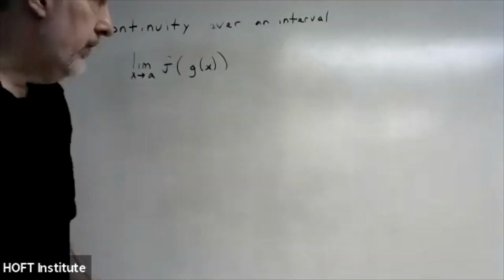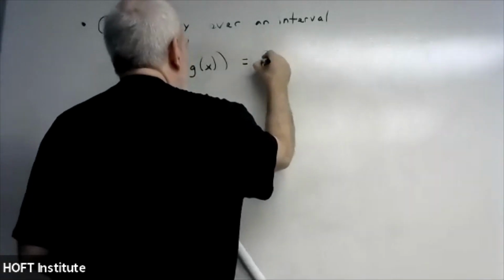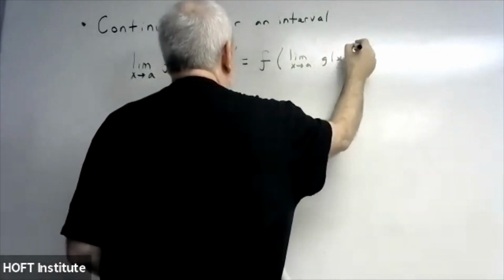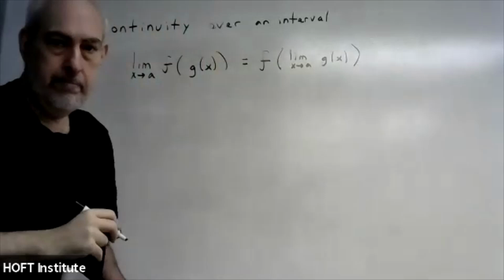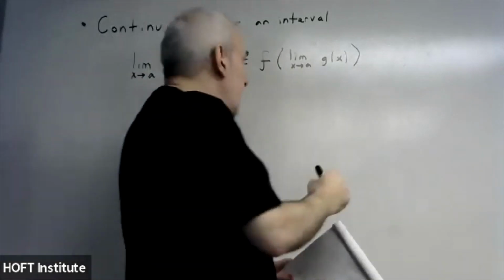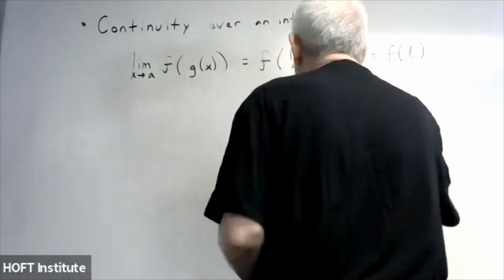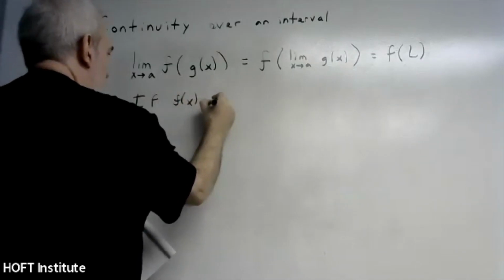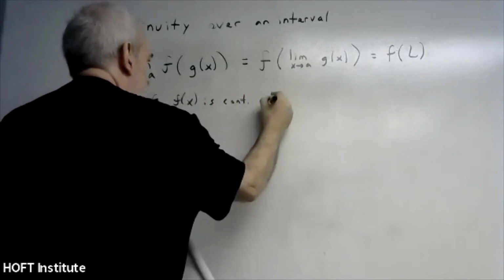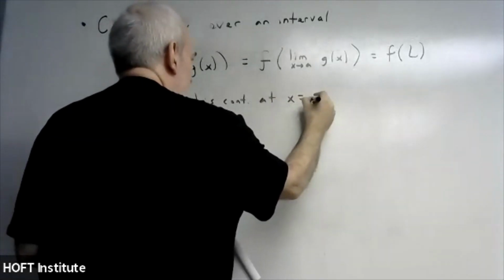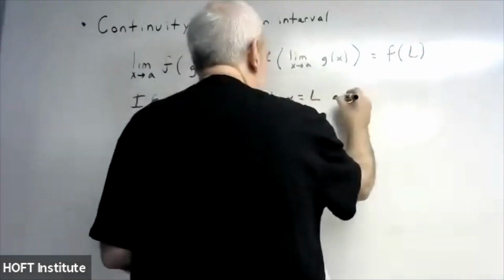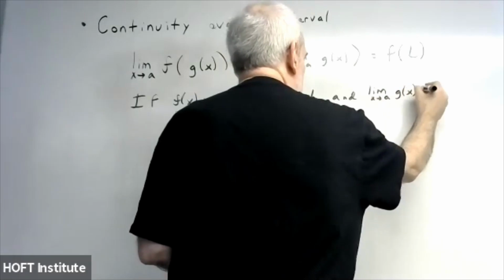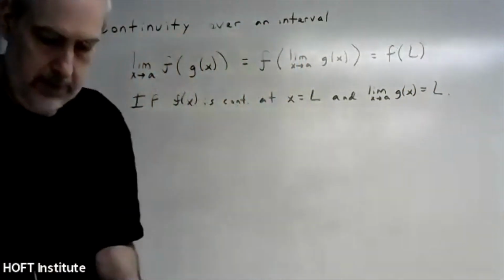Well, it turns out that this limit is going to equal f of the limit as x approaches a of g of x, like that, which will equal f of L, and that is, you know, if f of x is continuous at x equals L, and the limit as x approaches a of g of x is L. Okay.